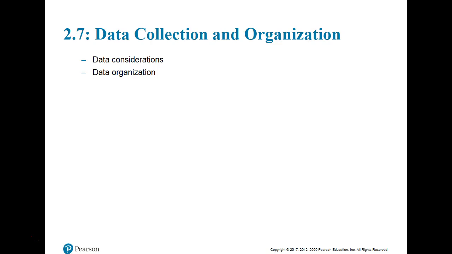Also, you want to make sure to organize your data. You want to organize between any quantitative and qualitative data you might have. Let's say, and this is very simple, you're examining the types of cars that stop at a specific stop sign between 1 and 2 o'clock on Tuesday.